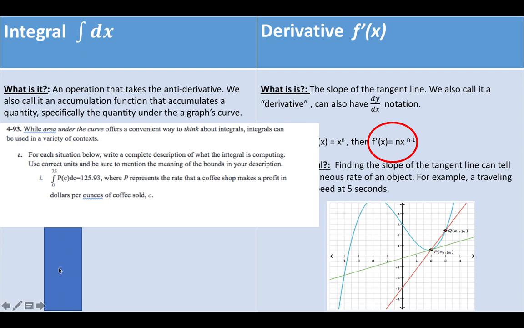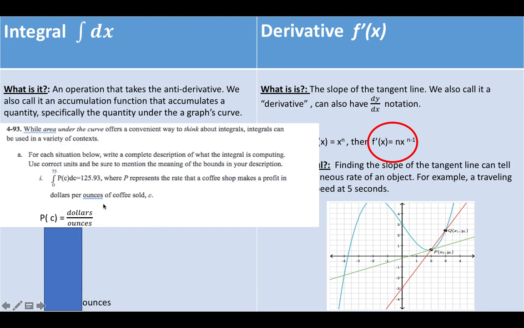To find the area of a rectangle, I do base times height. For this problem, the height is my rate function, P of C, the profit. I'll label that P of C, dollars per, where per means division, ounces. That's my height. My x-axis would be down here, and that would be coffee sold, C.